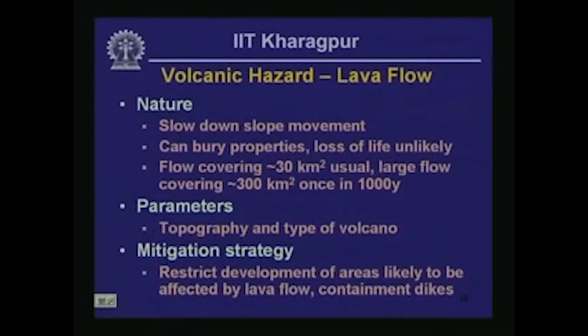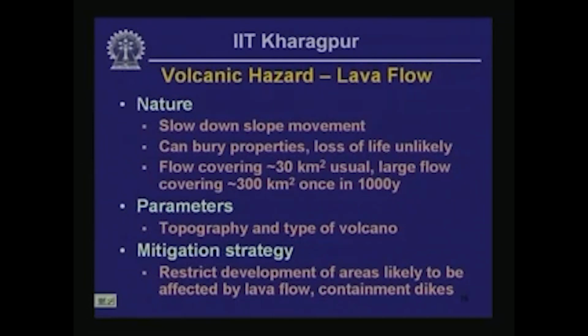Volcanic hazard due to lava flow. The feature of this type of hazard includes slow downslope movement. The lava flow is typically slow and it can be outpaced relatively easily. Lava flow can vary in properties.